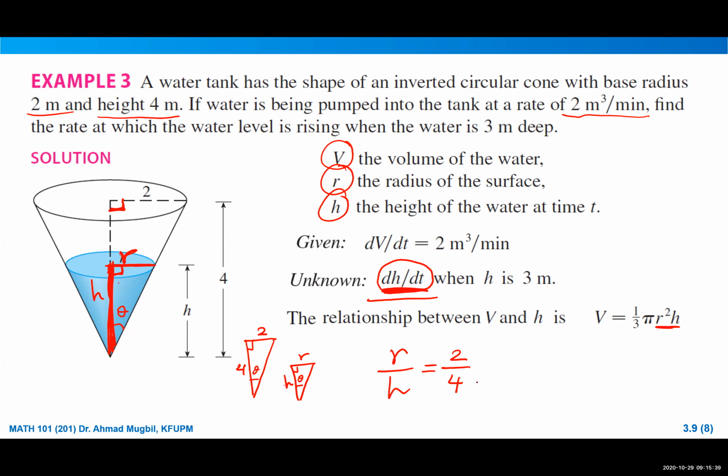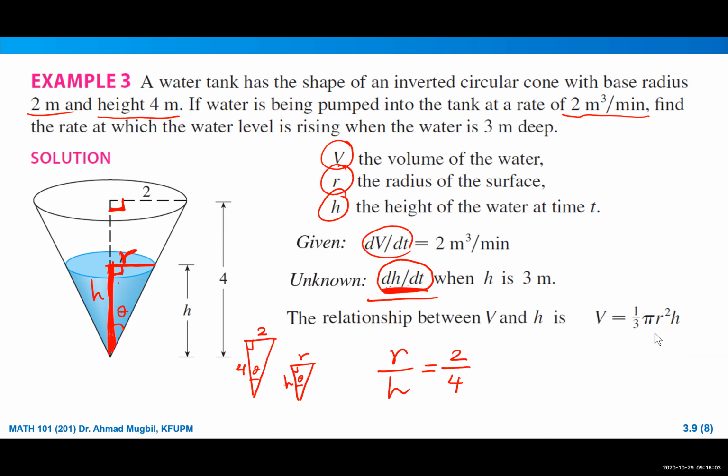So what I want to do is eliminate R and write H instead of it, because I need just a relationship between V and H, because I have dV/dt and I need dH/dt. So I need to eliminate R. If he were asking about R, I would eliminate H. So it depends on what you want.